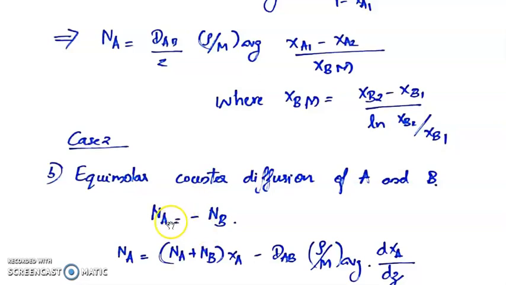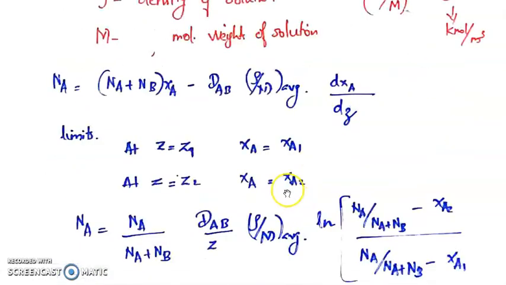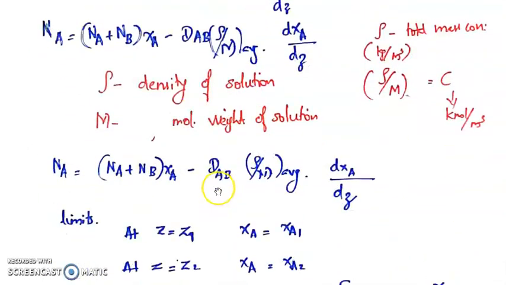So we can write NA is equal to minus NB. So let's begin from the first equation for flux: NA is equal to (NA plus NB) into XA minus DAB (rho by M) average dXA by dZ. The equation that is written here.